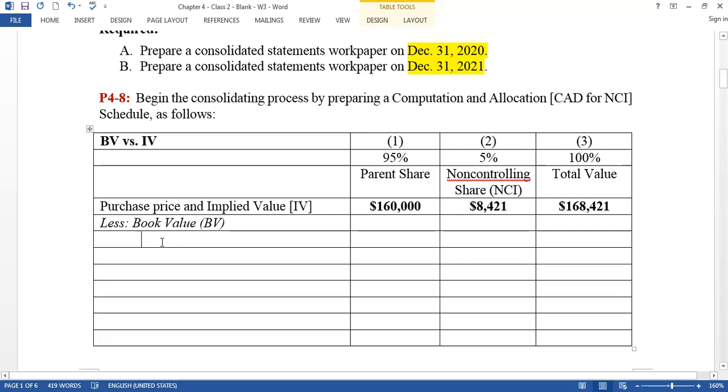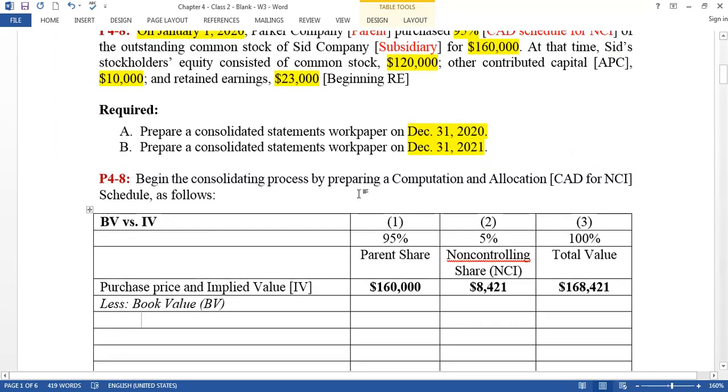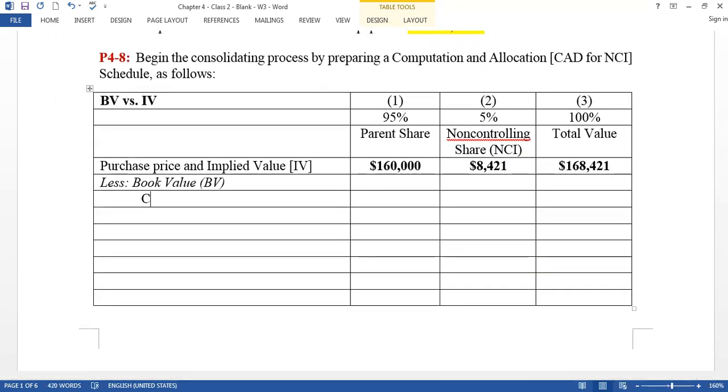If you remember chapter 3, we have three book value components according to this question. One is called the common stock, another is other capital, and another one is called retained earnings.